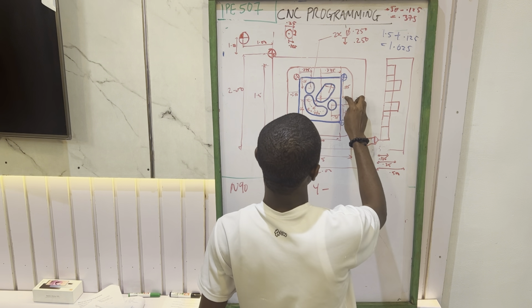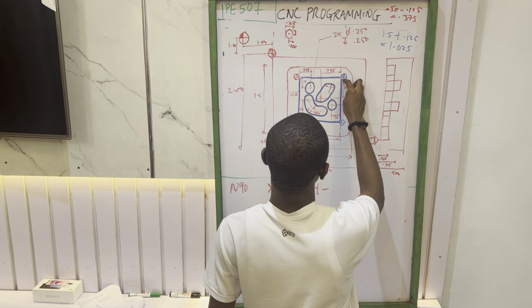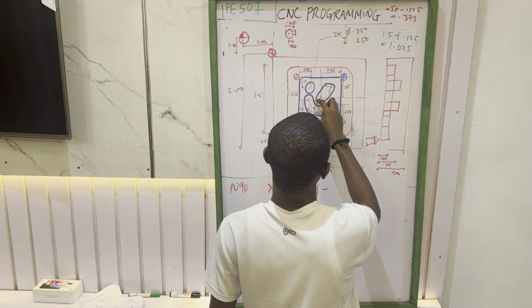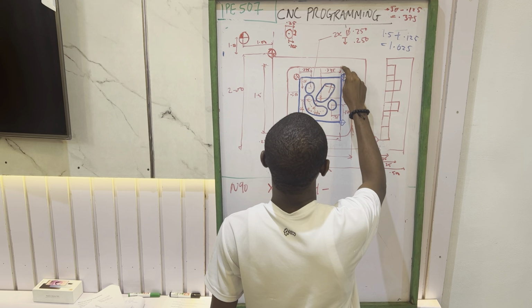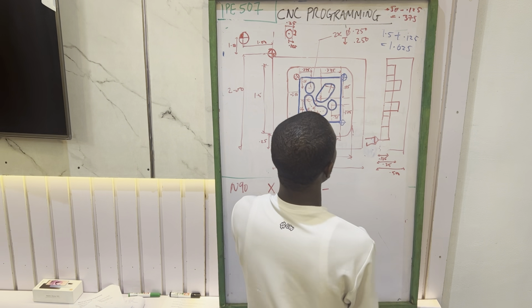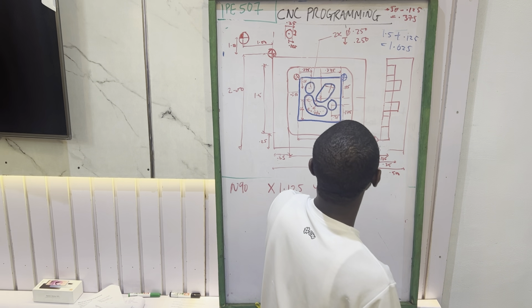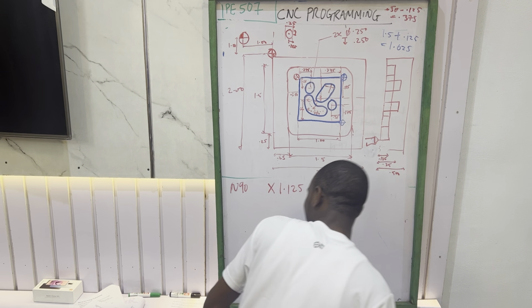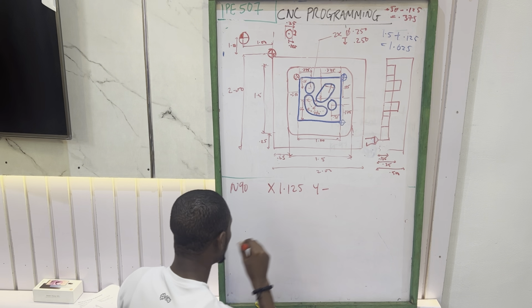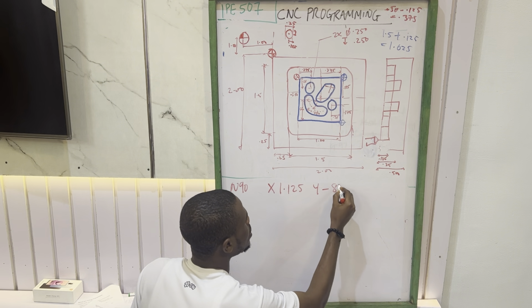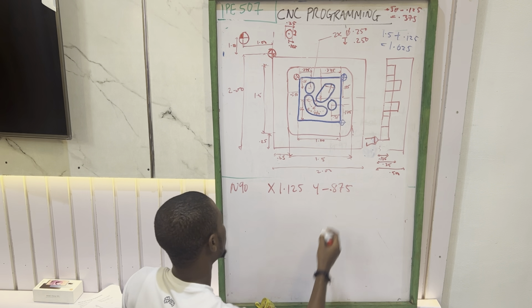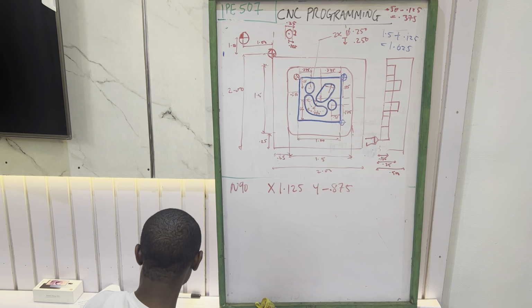On the y side, this 0.375 to this center, while on the x side, this 0.25 and this 0.25. 0.25, 0.25 and 0.375 will give you 0.875. So y will be negative of 0.875. So we have gotten that position of y.